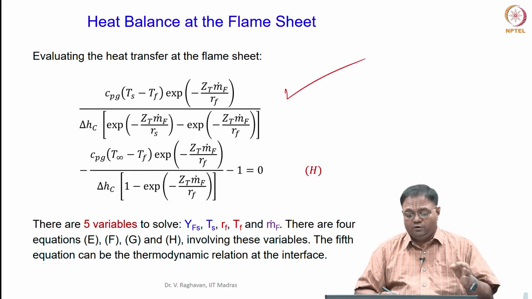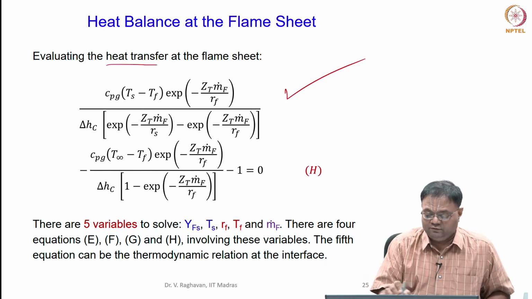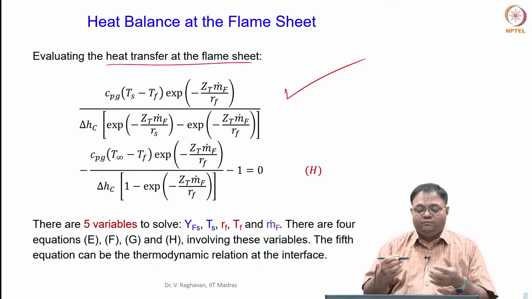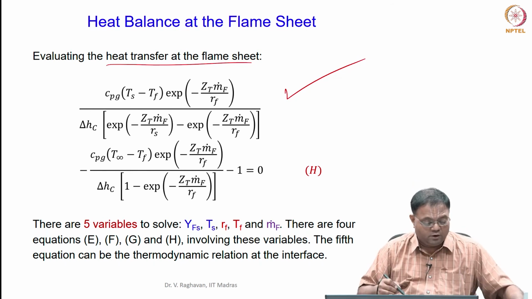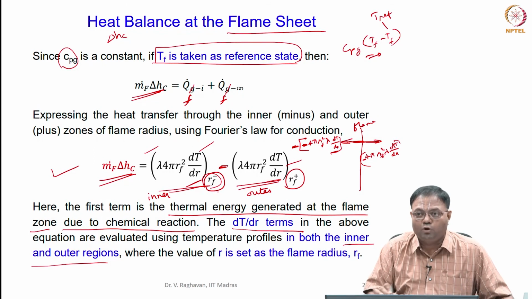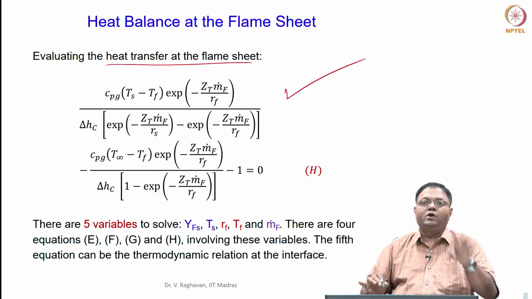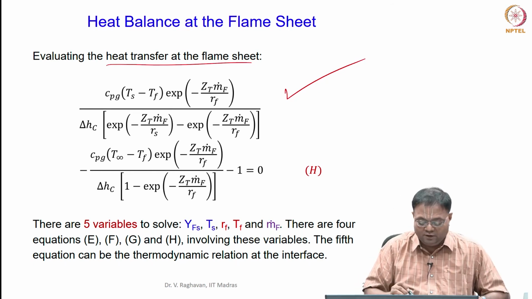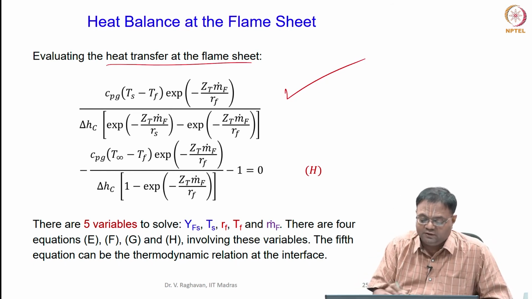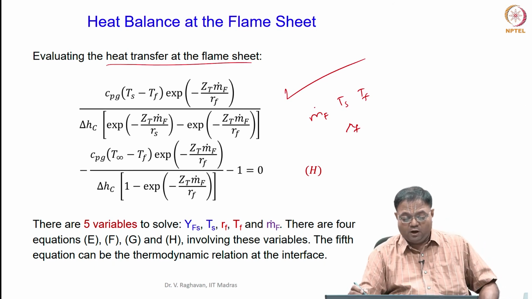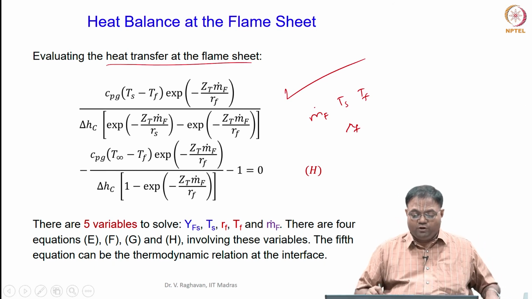That was the third equation. The fourth equation is the energy heat balance at the flame sheet. There we get two temperature derivatives, one for the inner zone, one for the outer zone, and use that and get an equation. So, there are now 4 equations, but 5 unknowns are there still. Please see that this equation has m dot f, Ts, Tf, Rf as the unknowns. Basically, there are 4 unknowns here.